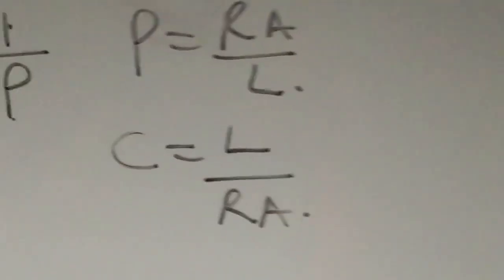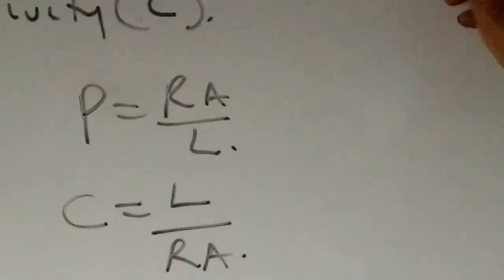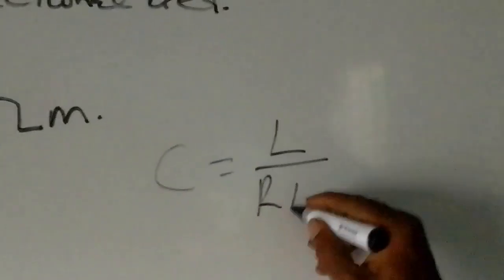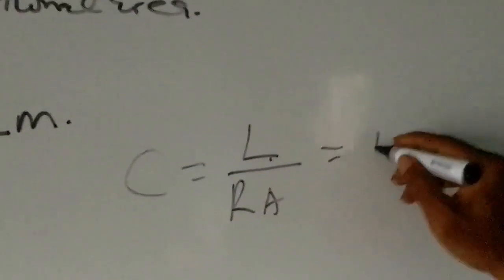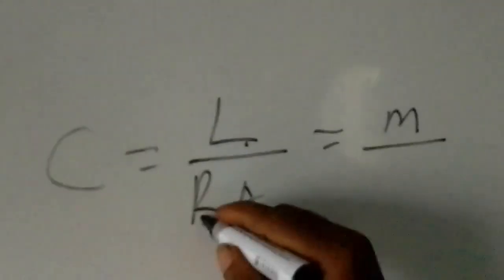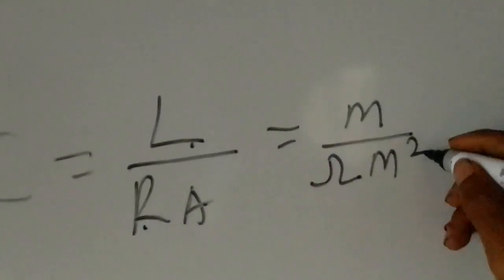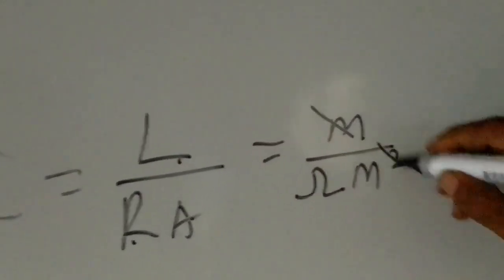Now, if we want to get the SI unit of conductivity, what we'll do is this. We go to the formula C equals L all over RA. Replace: unit of length is meters, resistance is ohm, area is meter squared. So one of the meters cancels one here.